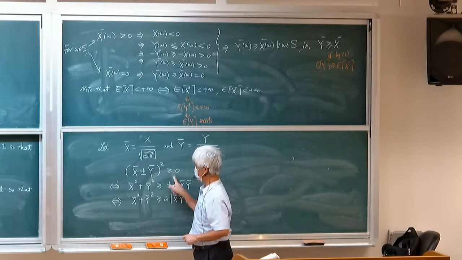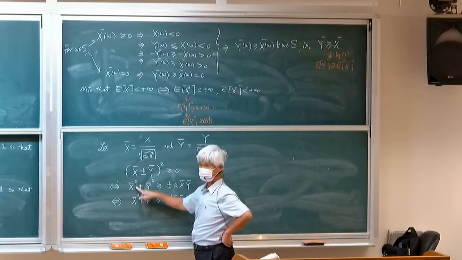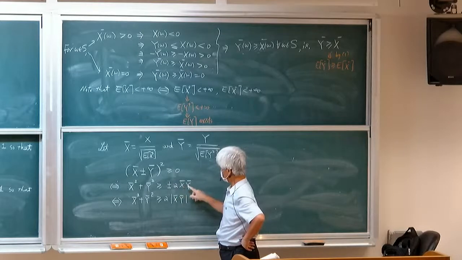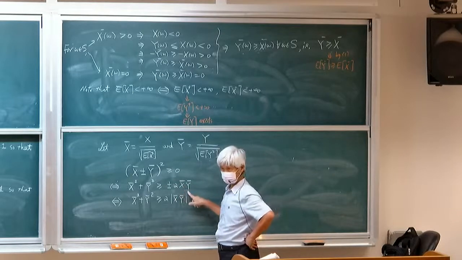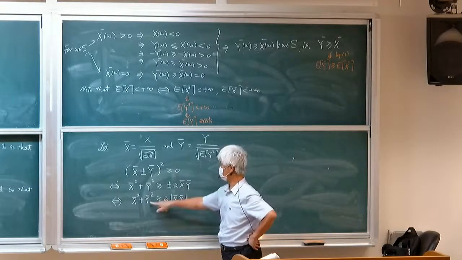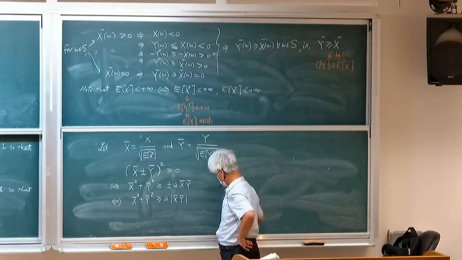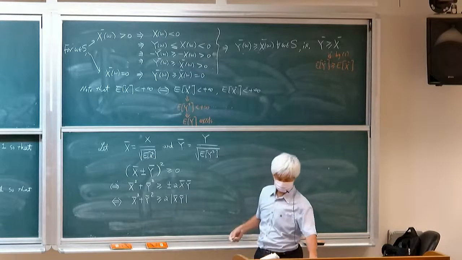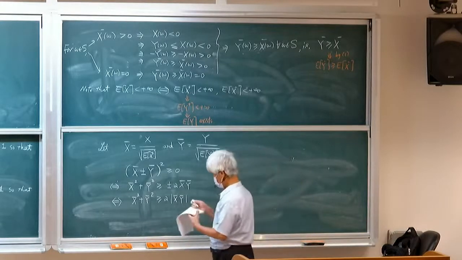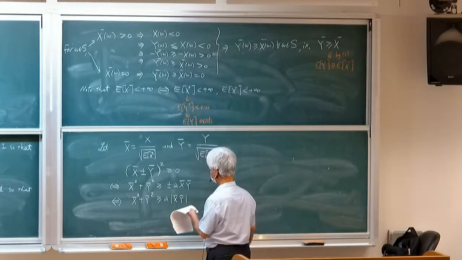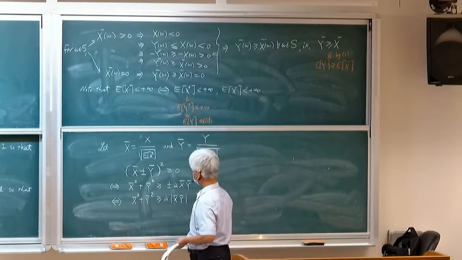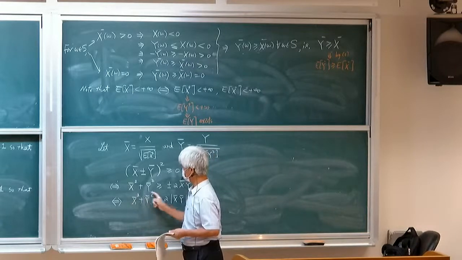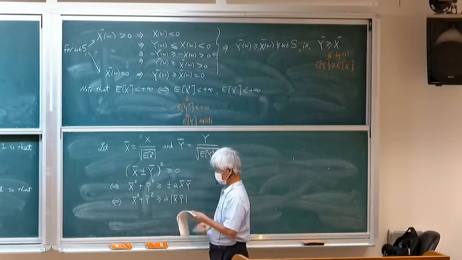And so the square of this function plus the square of this function will be greater than or equal to plus minus 2 times the product of these two functions. So they are functions, and so they are non-negative random variables.